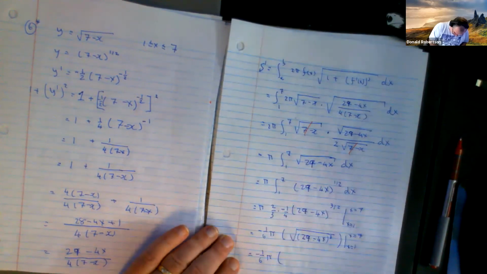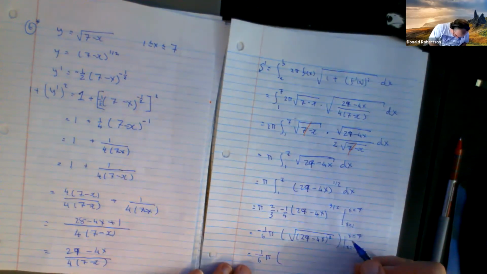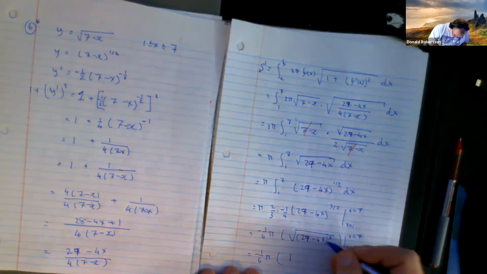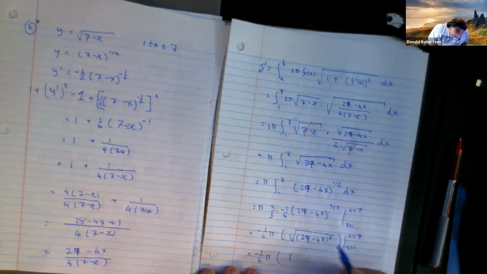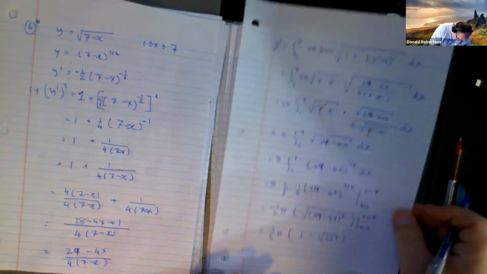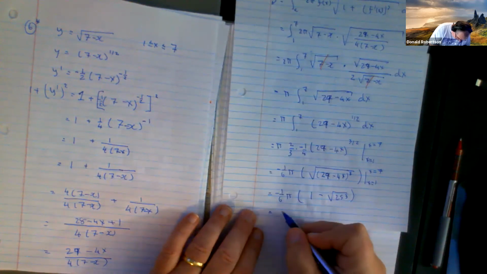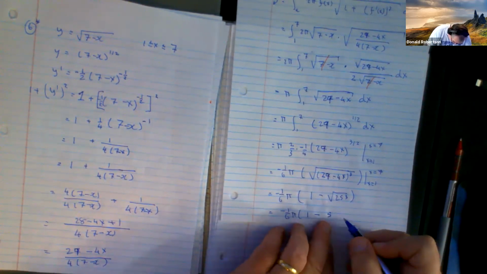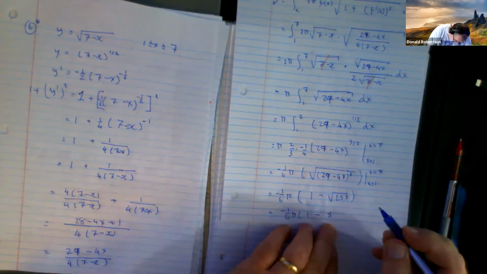Now I'm happy because I get 1 cubed and the square root of 1 is 1. And then if I plug 1 in here, I get 29, take away 4, which is 25. So take away the square root of 25 cubed. And you get -1/6 pi, 1, take away 5, and 25 times the cube root of 5.